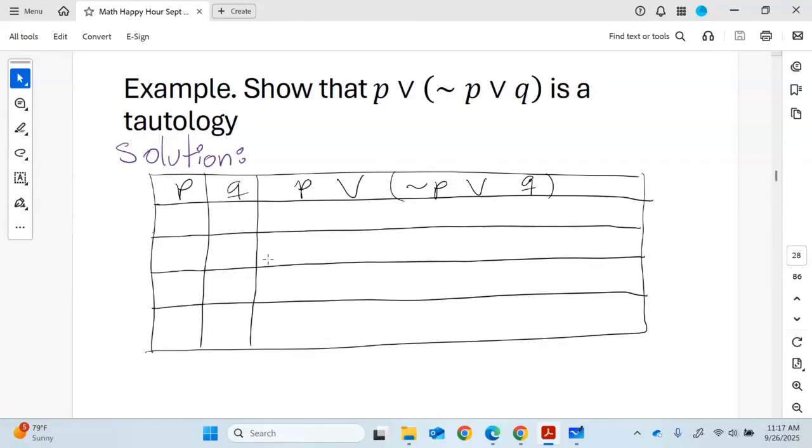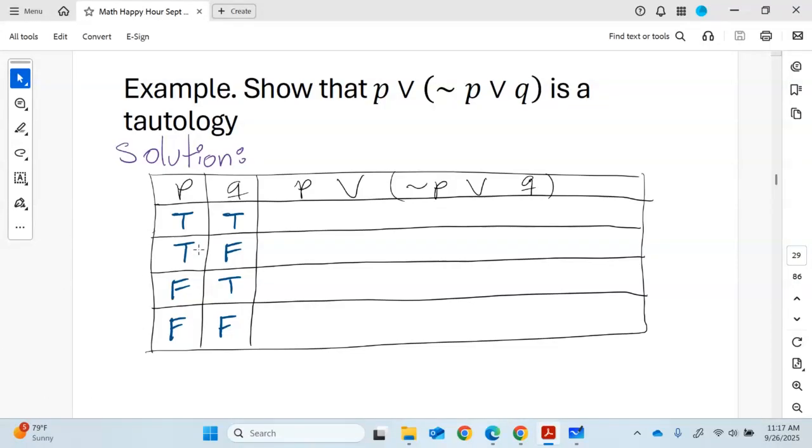In the same way, I always recommend starting the same way with the first two columns. You can actually change the order of those values, but the challenging thing is that when you change the order, you need to make sure that you have all four different combinations of true and false. When you do it in the standard way, this is the common way.